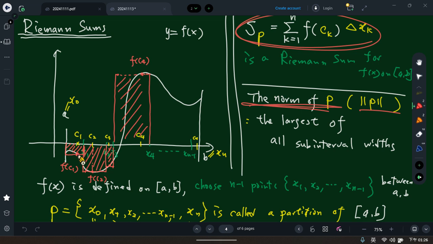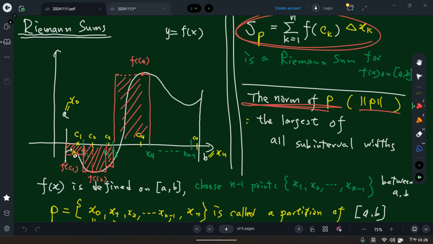Not like when we want to calculate the area of a rectangle. Normally the height should be positive and the width also should be positive. But here we allow the height to be a negative value because we use the function value as its height.